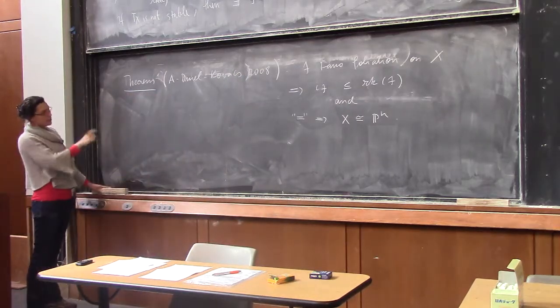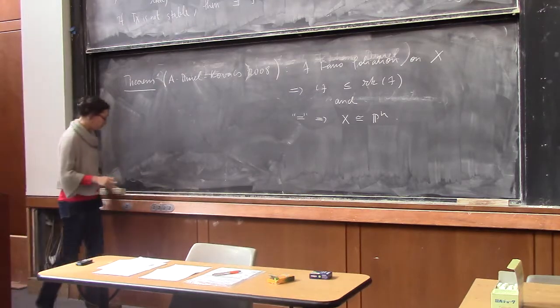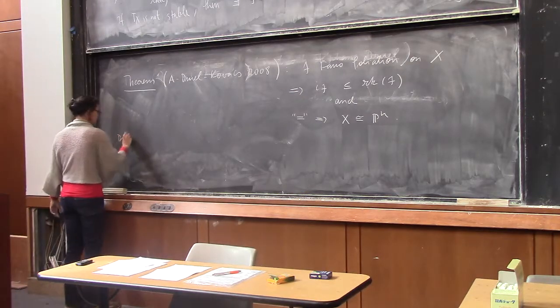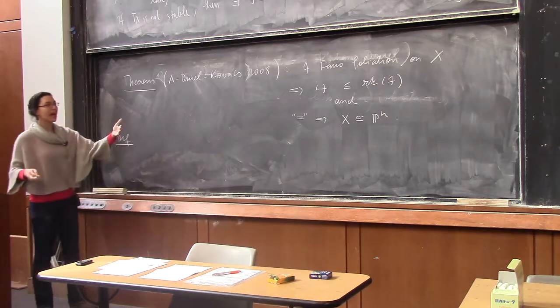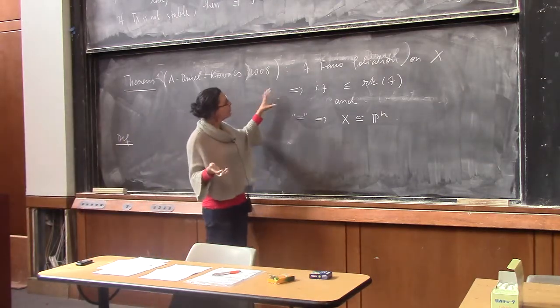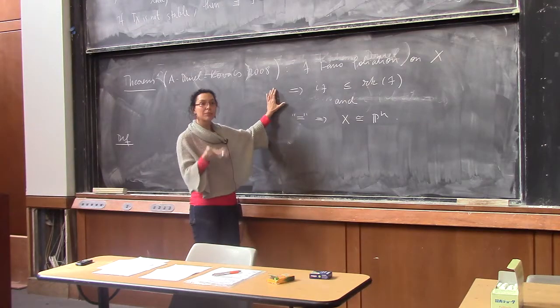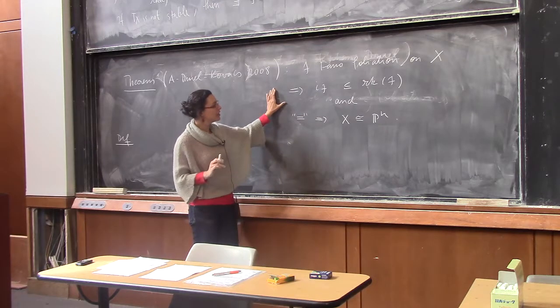Okay, so this is the theorem, and now we want to look at the next cases. Just as in the case of Fano, this should be viewed as an analog of the Kobayashi-Ochiai theorem that Ana Maria proved yesterday.